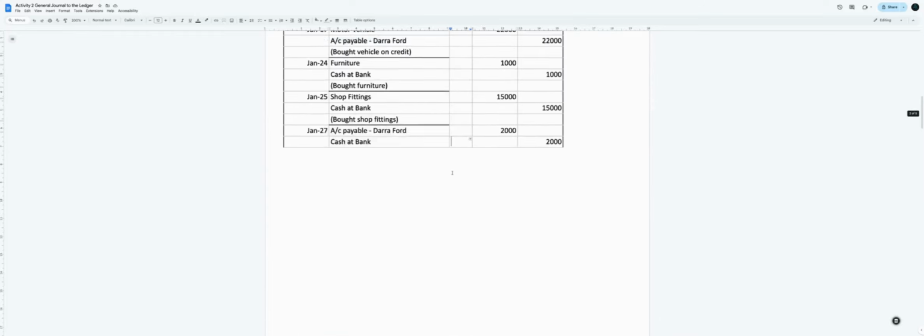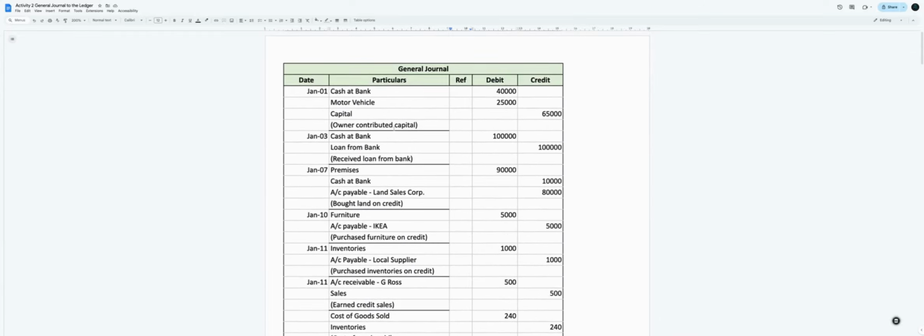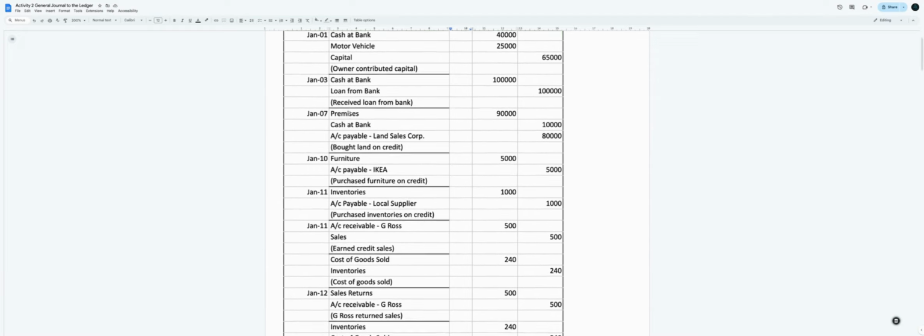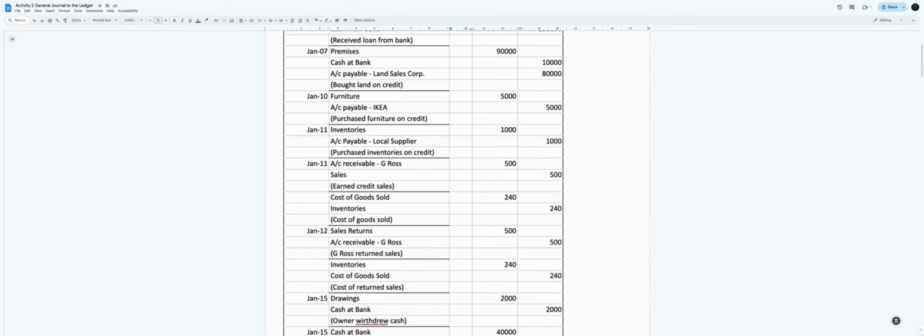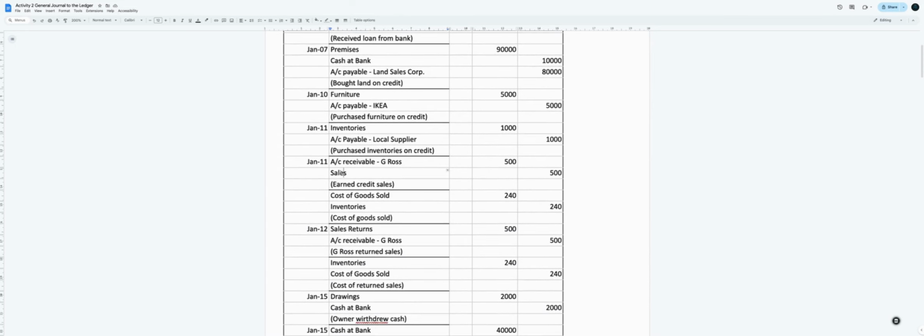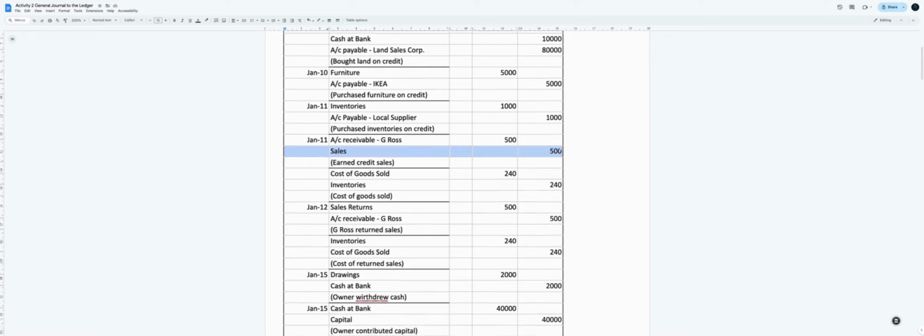So to do that, we go back to the general journal and we start looking from the top to the bottom, looking for the word sales. And we can see our very first one here was on January 11, $500 credit. So knowing that it's January 11, we go down here and we type January 11.